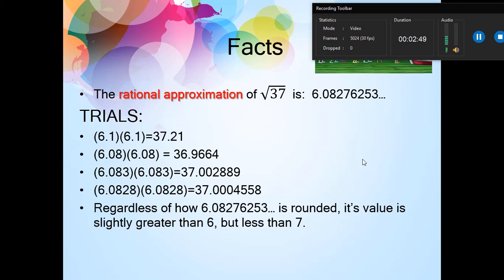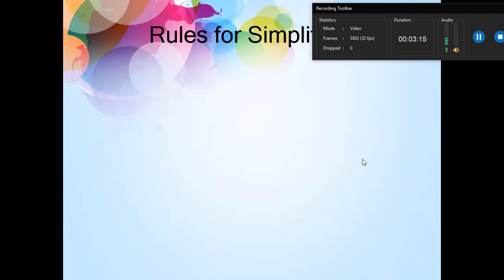It's never going to give me 2 identical factors that will create 37, and that's why it's irrational. But I do know that it's bigger than 6 and less than 7. So the best option is for me to leave it in its square root radical form. So I know that the 2 consecutive integers that it falls between are 6 and 7. So keeping it in the square root radical form is the best option for us, and that's what we're going to practice today.